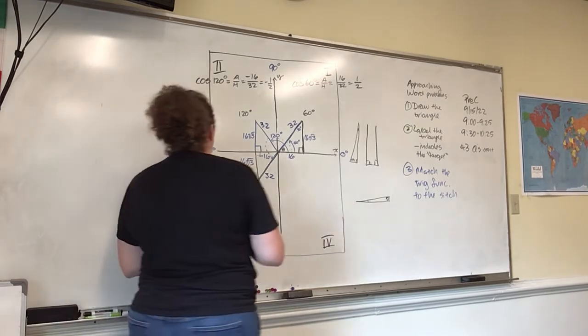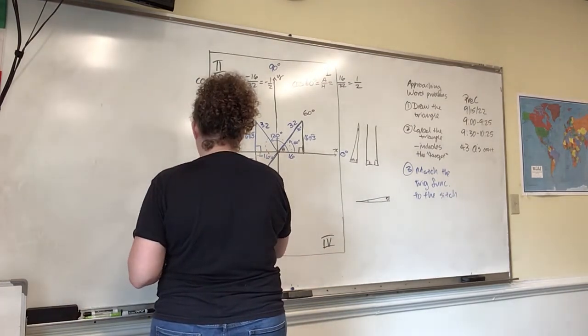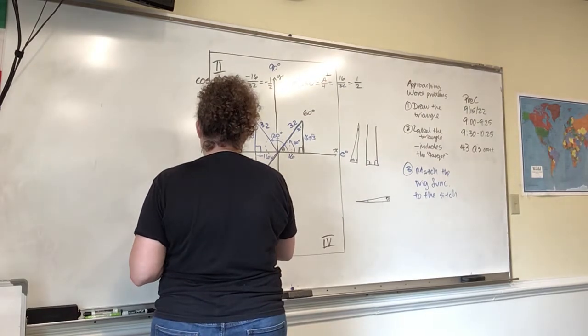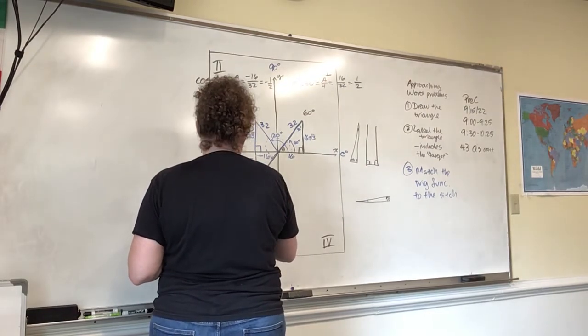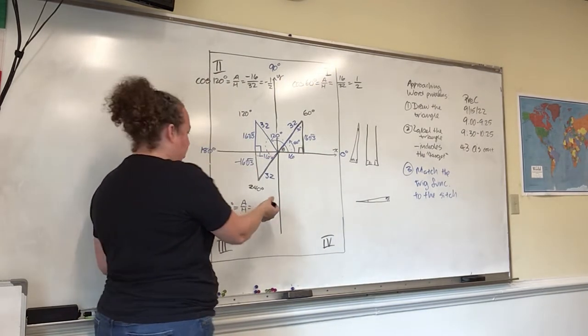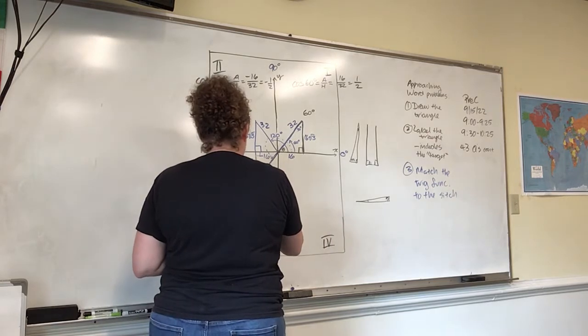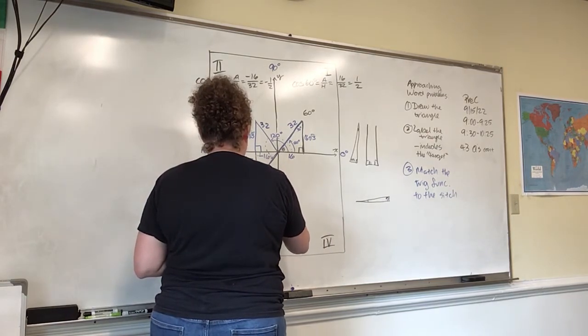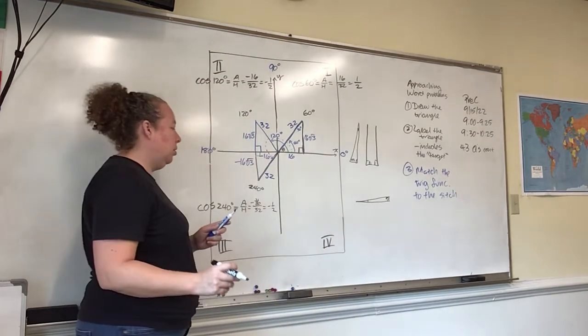So we can go ahead and put here too, cosine of 240. This equals adjacent over hypotenuse. The adjacent hasn't changed, the hypotenuse hasn't changed. It's negative 16 over 32. This is still negative 1/2.